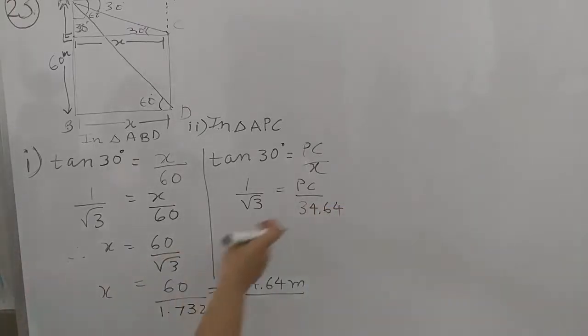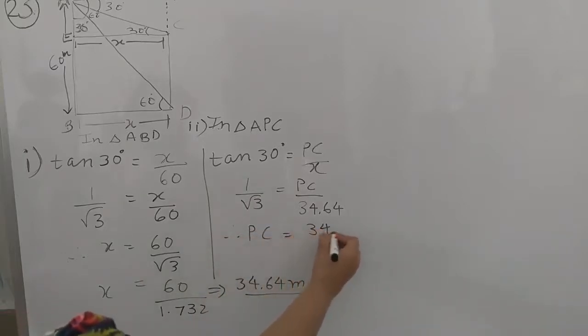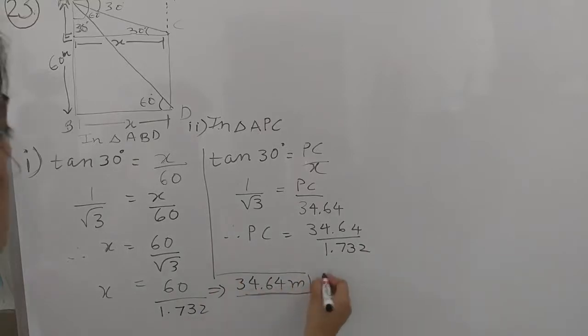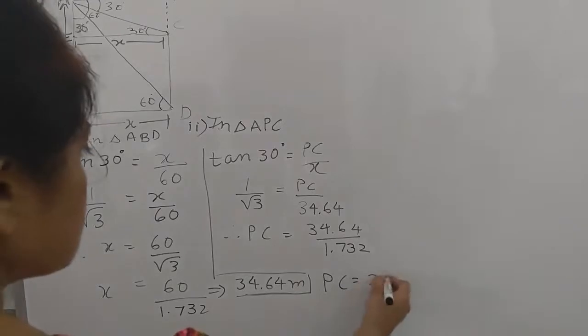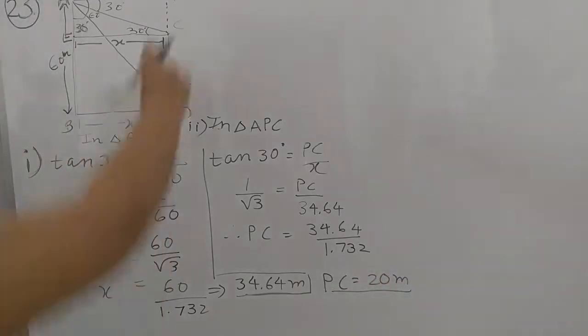Now taking this upside, I get PC is equal to 34.64 upon 1.732. Instead of root 3 we can put this value, and now by calculation we get PC equal to 20 meters.